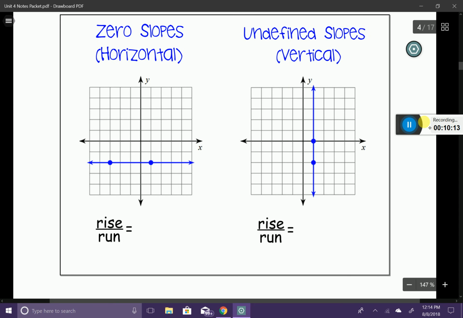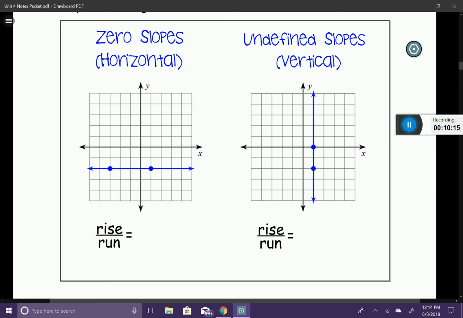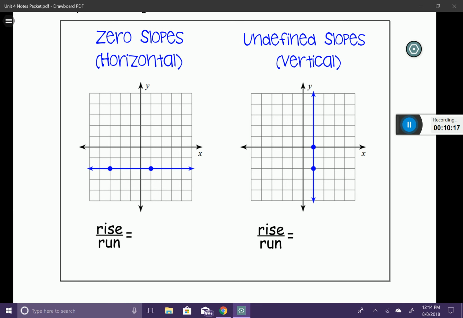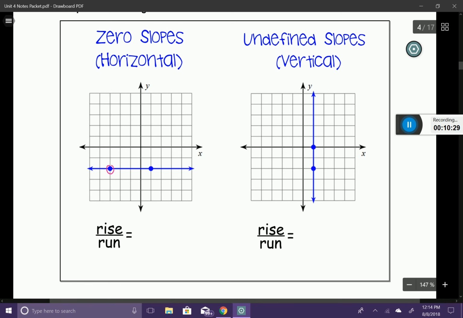Zero slope. All right, let's talk about zero slope and how that works. Now, if you were to identify this line and you would know right off the top of your head that any horizontal line has a zero slope, then that's awesome. But let's say you forget. Here's how you can use the rise over run to help you. I'm going to go ahead and start with this point here on the left. And I'm going to rise 0.